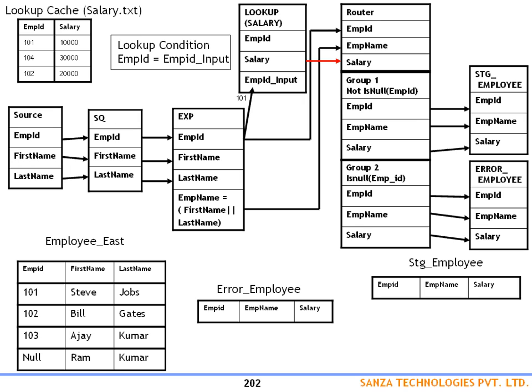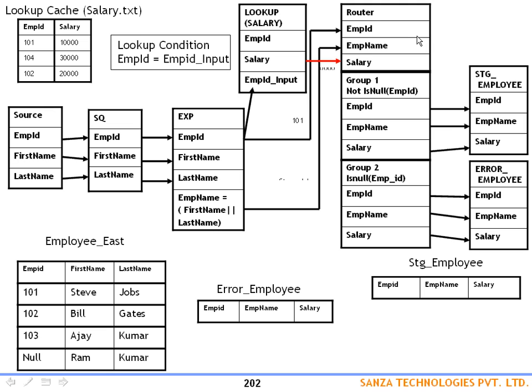And the corresponding values coming from your expression transformation will come into the router transformation like this. Here it is 10,000, 101, concatenated first name and last name, Steve Jobs, goes into your router transformation as an input group, then goes to the group condition. I don't have a space, that's why I didn't put the default group. It checks the condition, employee ID is not null, so it goes to the stage employee table and inserts it.